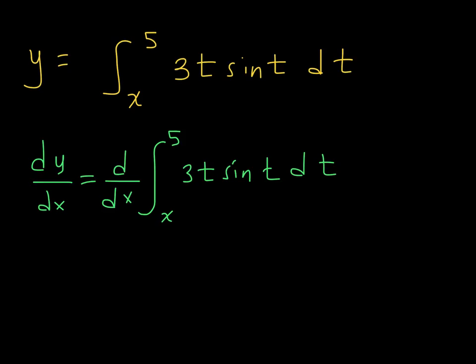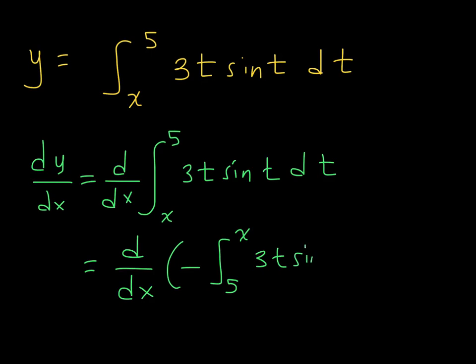And so the upper limit is your independent variable, x. So I want to swap these limits. But remember from an earlier lesson, we can do that. What that would mean is we would have d dx of the negative of, and then your limits will go from 5 to x, 3t sine t dt.